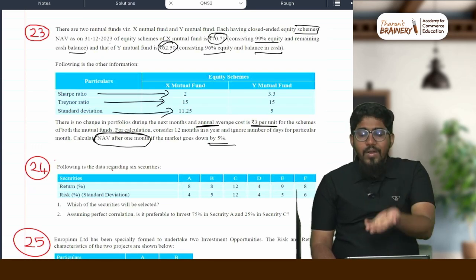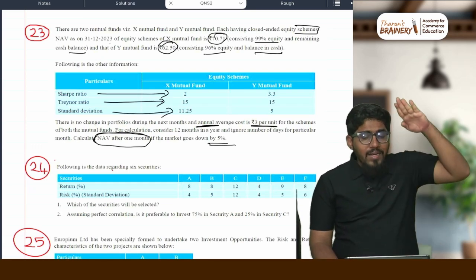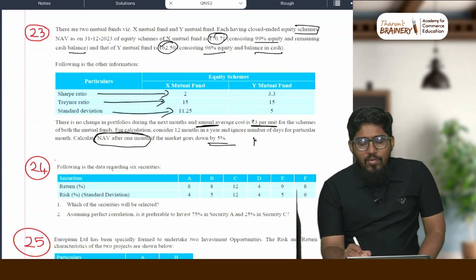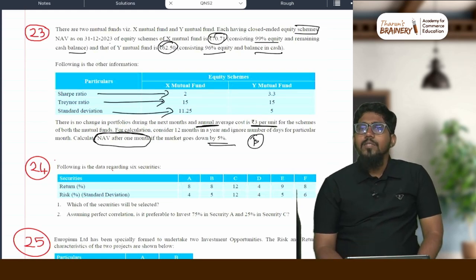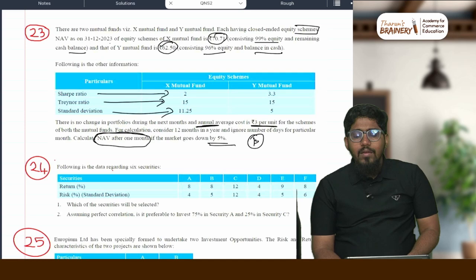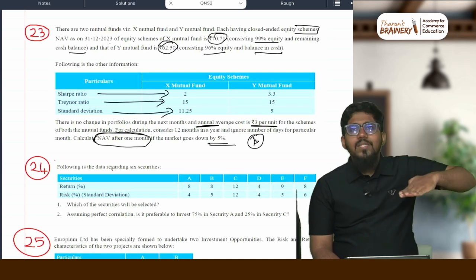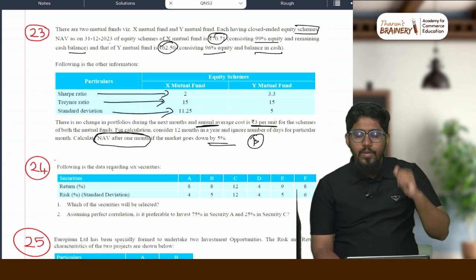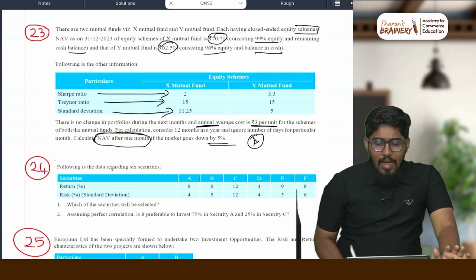Remember what they're asking. First of all, many people don't even understand what they're asking. If the market is going down by 5%, what is my NAV? It means we have to find out something called beta. Once I know the beta, if the market is moving by 5%, my security will move by this rate times beta. Clarity? Now how to calculate beta?